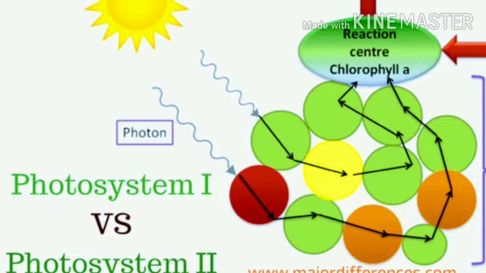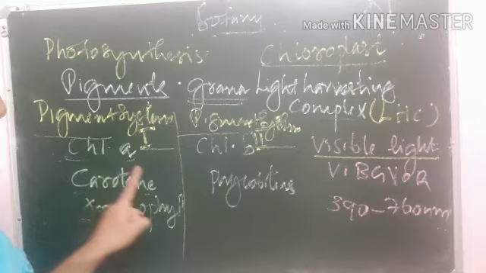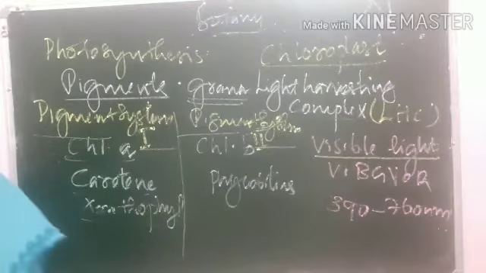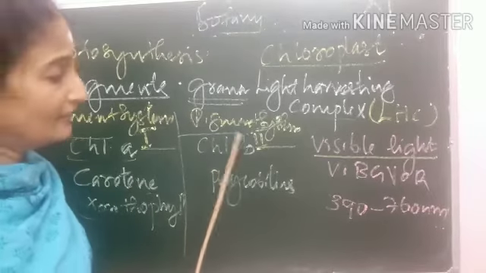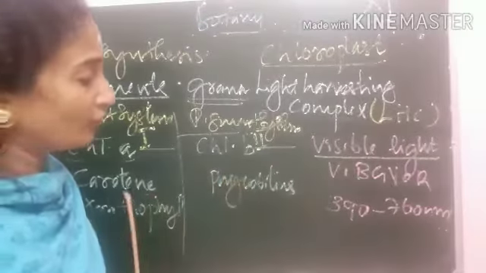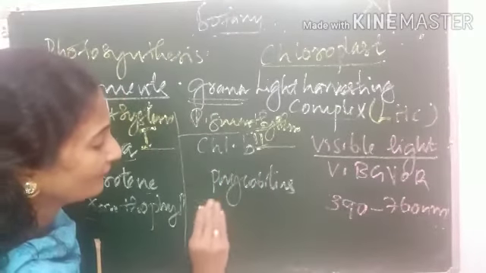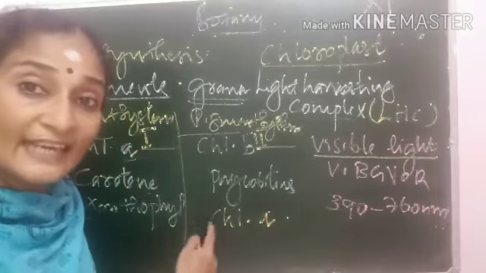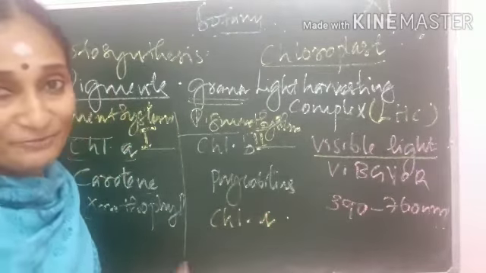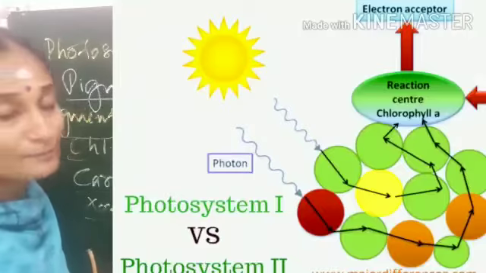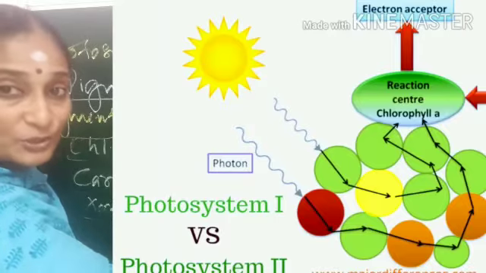The pigments that come under pigment system 2 are chlorophyll B, phycobilins, and another form of chlorophyll A. Chlorophyll A is present in different forms, and another type of chlorophyll A is present in pigment system 2.